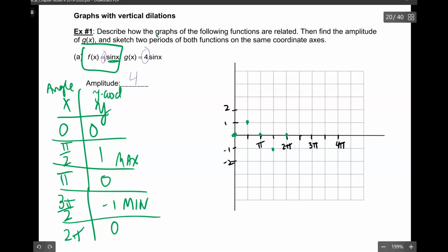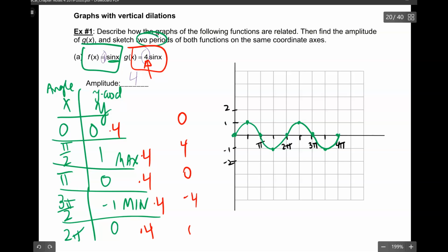But remember we have to do 2 periods, so I'm going to keep going. 0, max, 0, min, 0. All right, connect. We have this nice wave. Now the difference is I'm going to multiply every single y value by 4. That's all this does. This 4 in front is the amplitude. It's going to cause it to stretch by a factor of 4. So multiply each of these by 4. Our new y values are 0, 4, 0, -4, and 0.